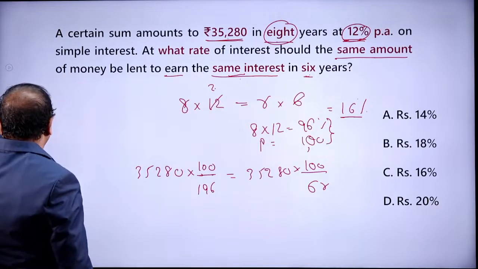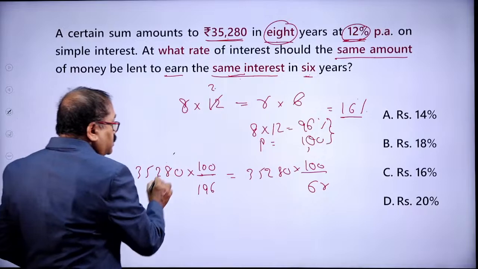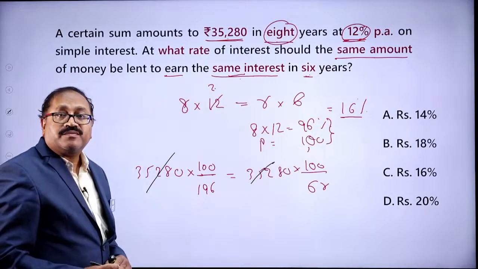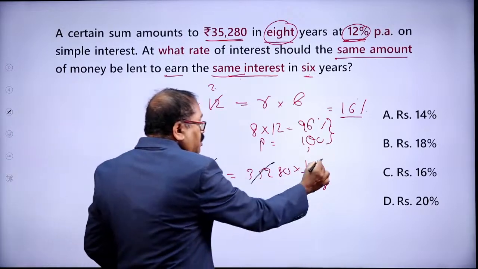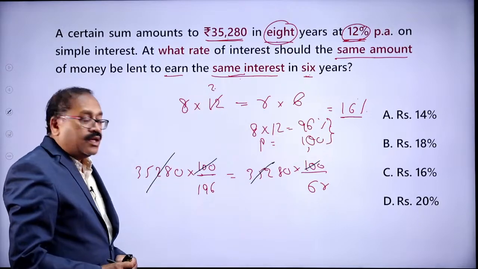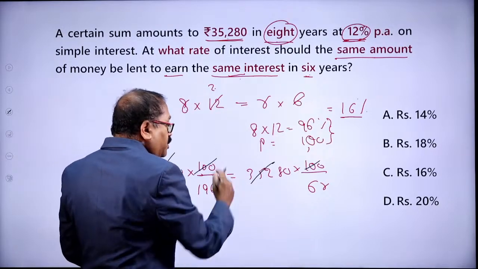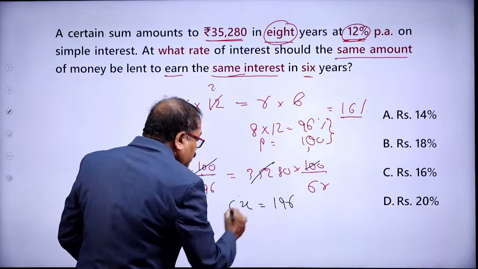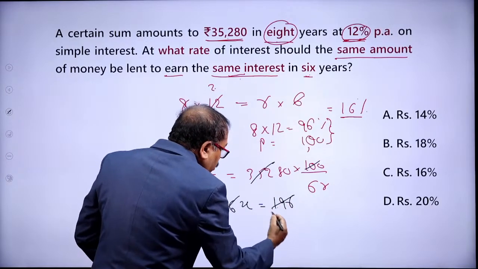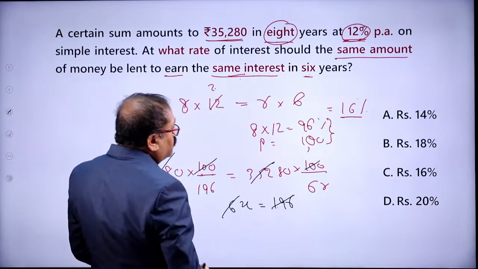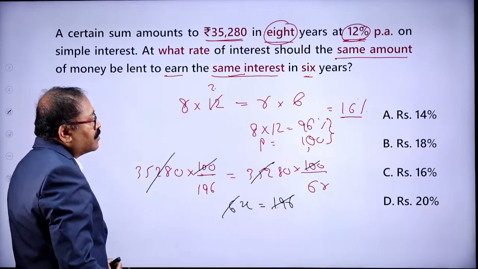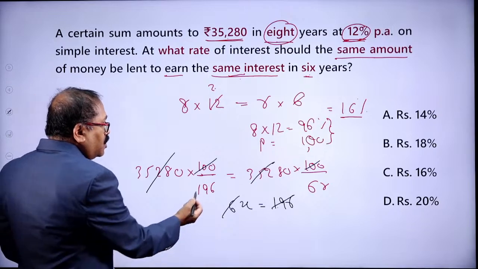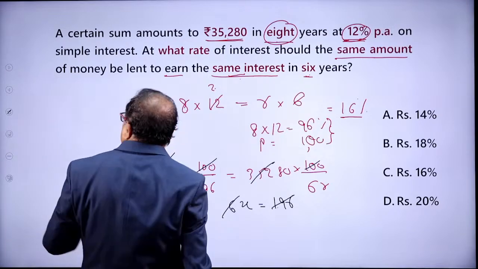Now what happens, my friends? Notice that, this is common, can be eliminated. This is common, can be eliminated. Then finally what I am getting here is 6x is equal to 196. Okay, this is 96.